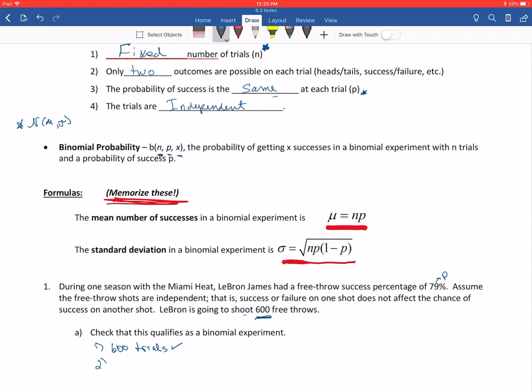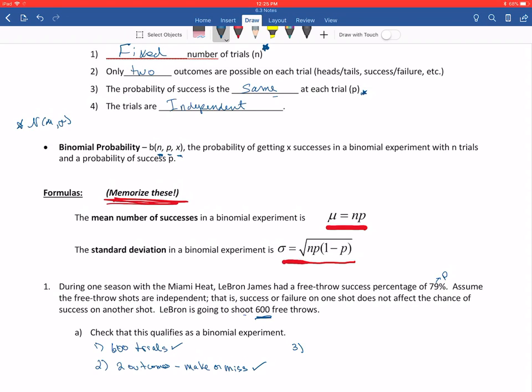So fixed trials, we're good there. Are there only two outcomes possible for each trial? Each trial would be a shot, so he would either make or miss it, a success or a failure. So two outcomes are make or miss. So check there.